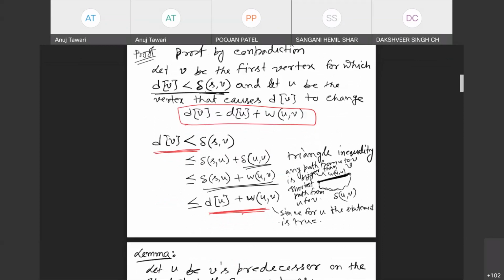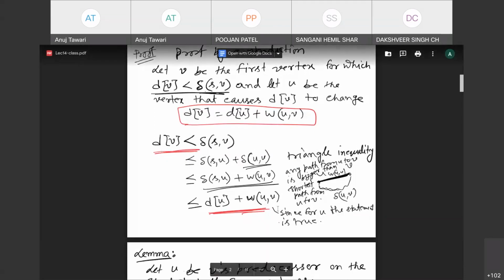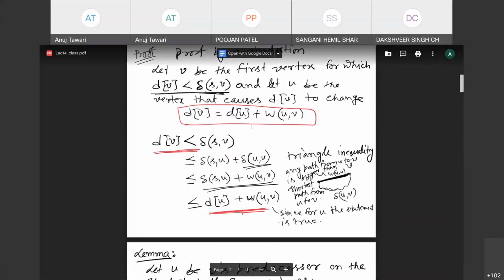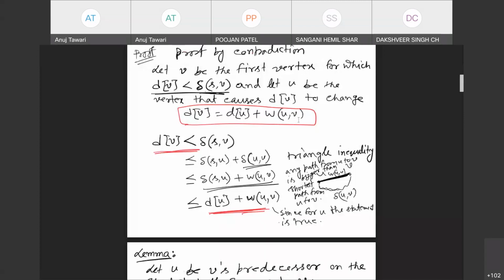And since we started with a less than sign and all these subsequent inequalities are less than or equal to, we have a contradiction that dV is less than du plus WUV, and we are done. Because initially we assumed that dV equals du plus WUV, so it's a straightforward proof.